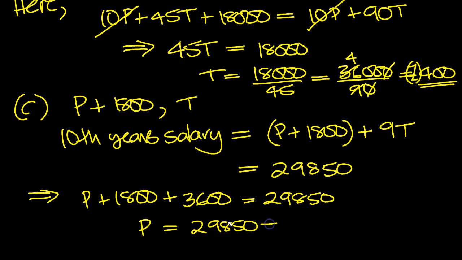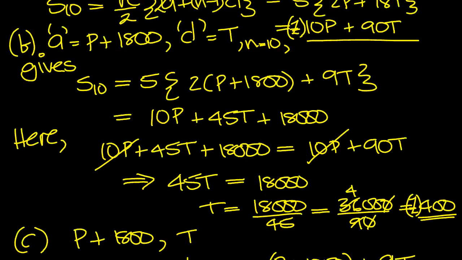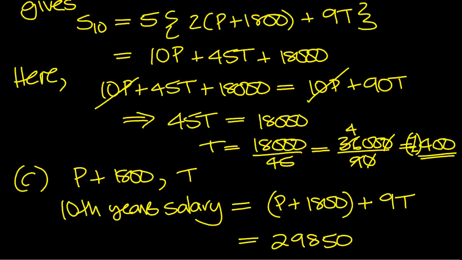That'll be 24,000, and 850 minus 400 is 450. So P is equal to £24,450. And that was part C. We just check that. Yeah, find P for part C.